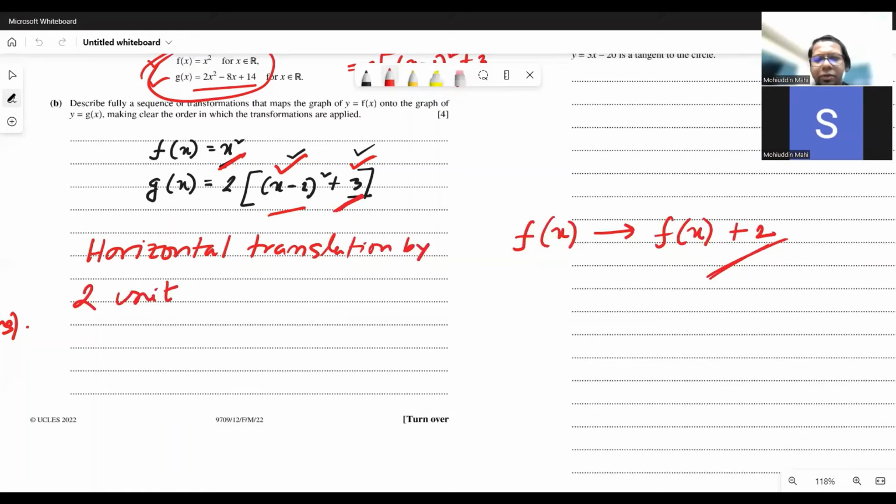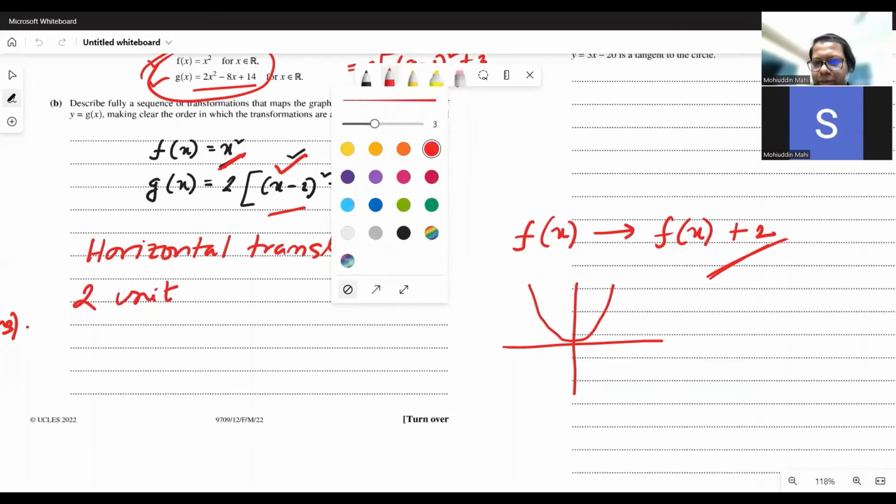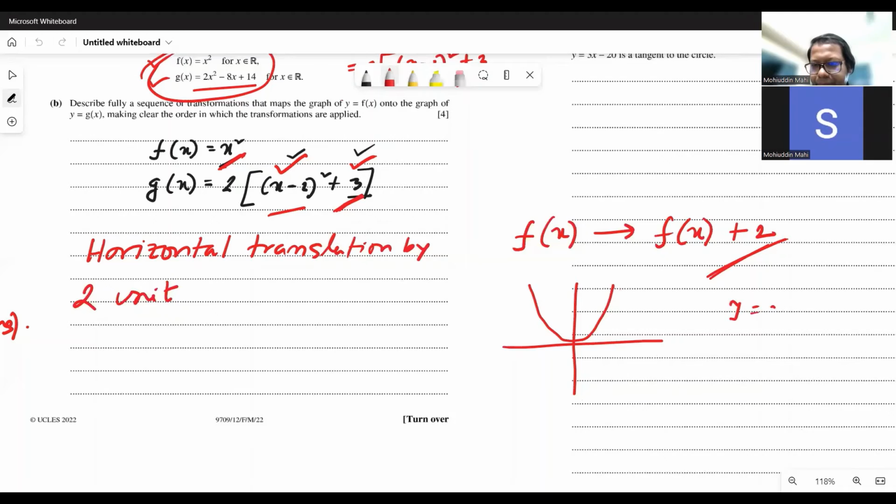A plus 2 means a vertical translation by plus 2. So the graph will move up. For example, if the graph is y equals x square, then y equals x square plus 2 is going to be like this. So vertical translation.